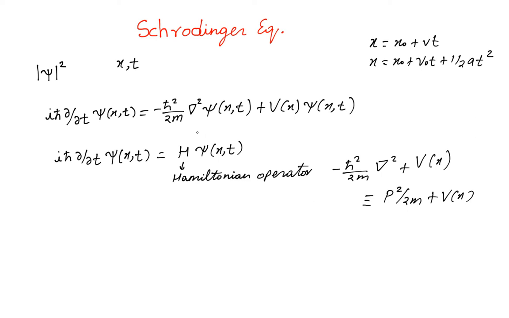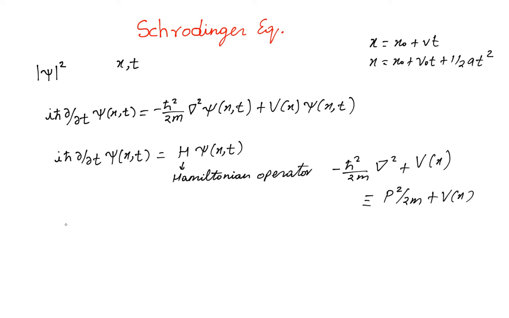This is the operator. If you're not comfortable with H, you can just assume what we are talking about, and we are certainly aware of these operations. And this is called the time dependent Schrodinger equation. As you can see, time is playing a role here.